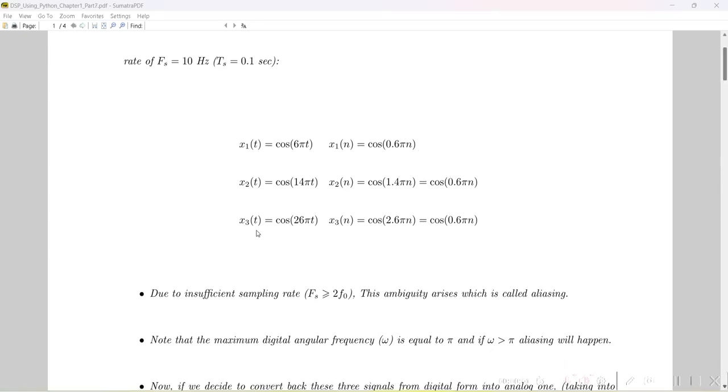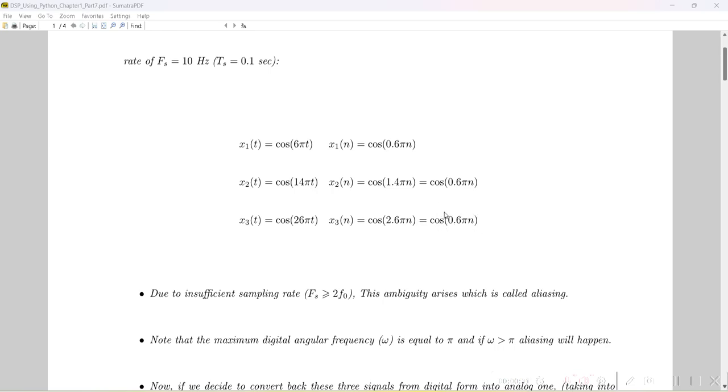Now, what about the third one, x3 of n, which is equal to cosine of 26 times pi times t, which will lead to cosine of 2.6 times pi times n, and finally cosine of 0.6 times pi times n, just getting rid of 2 pi n.